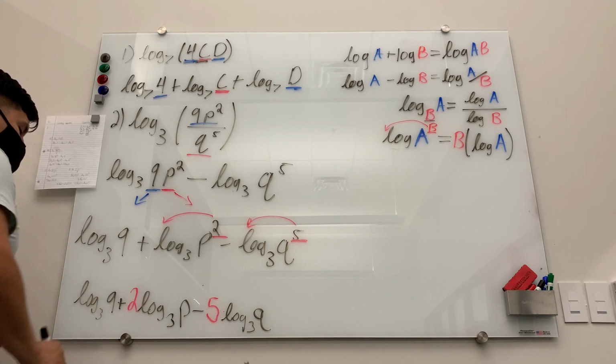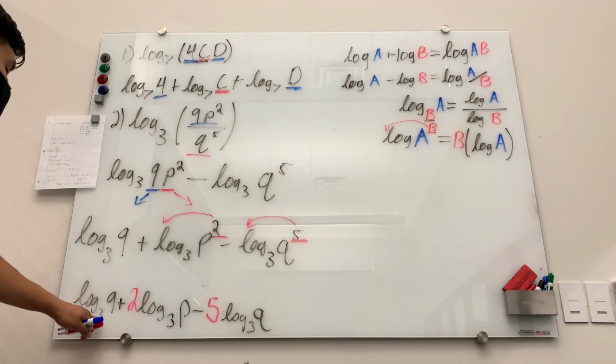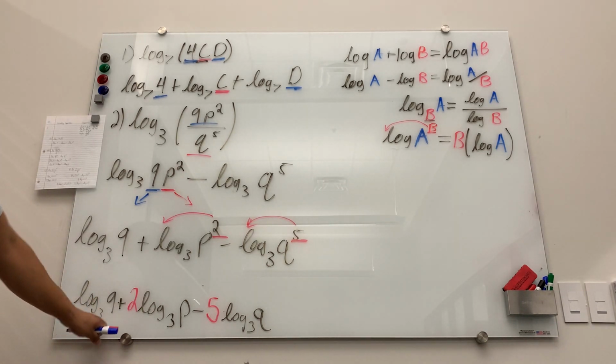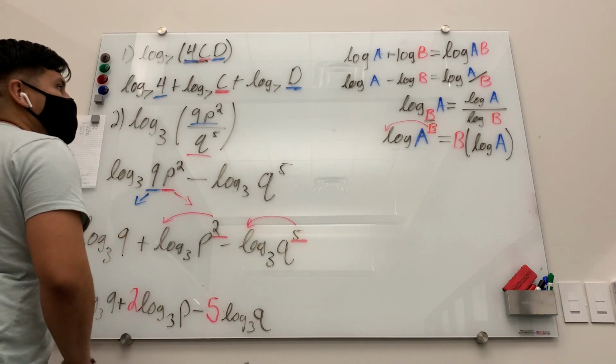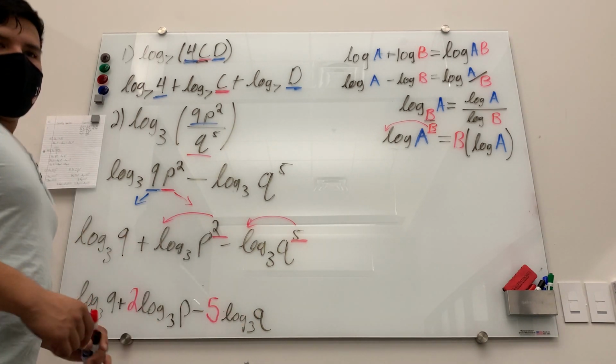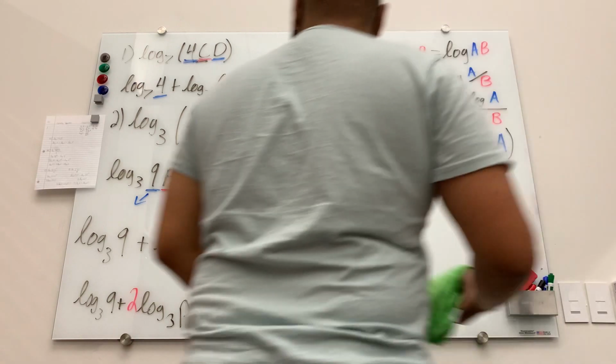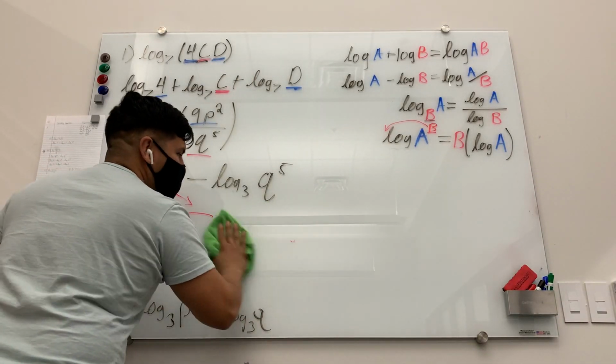This guy right here, we can actually simplify one more time. I'll leave that to you guys, to figure out what we can simplify log base 3 of 9 to. But this is our answer right here. Let's do one more.